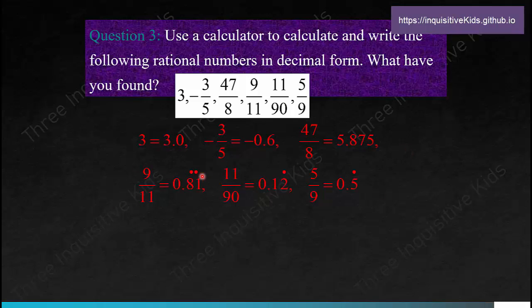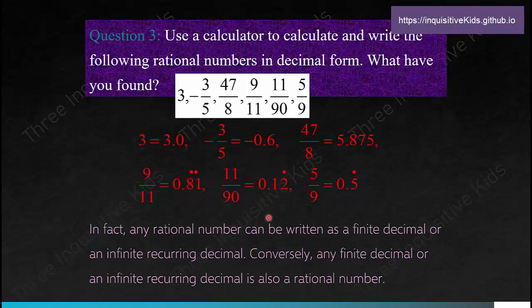These dots represent a pattern, so it keeps going on forever with a pattern. In fact, any rational number can be written as a finite decimal or an infinite recurring decimal. Conversely, any finite decimal or infinite recurring decimal is also a rational number. This is one of the key points of this lesson, so write it down quickly in your notebook.